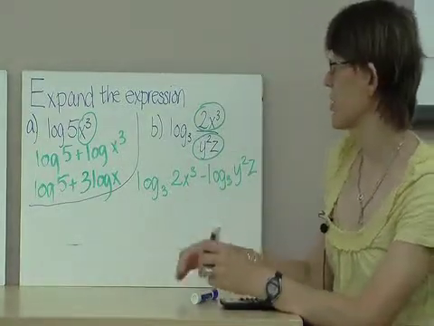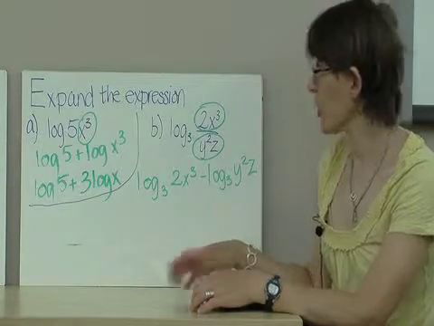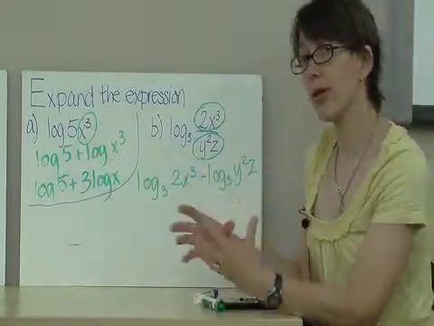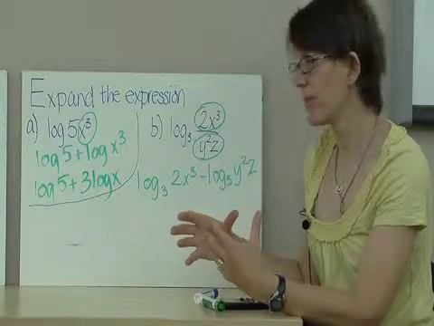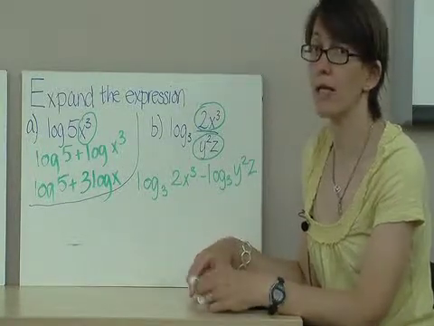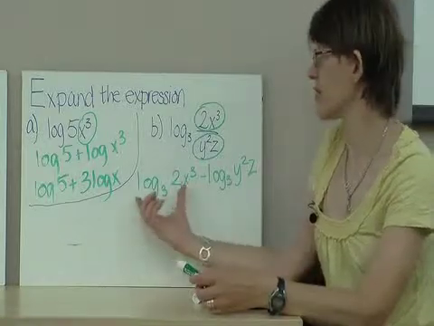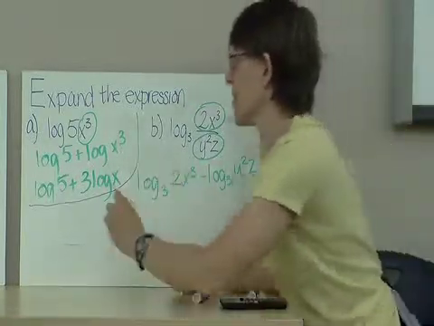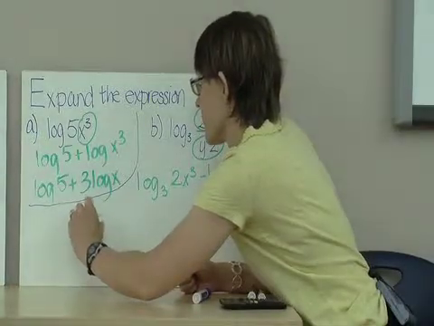Next, I'm going to use the product rule just as I did over here. I'm going to put both of the product rule expansions into parentheses, so it's clearer that I'm dealing with the part before the subtraction sign and the part after the subtraction sign. It'll look like this.